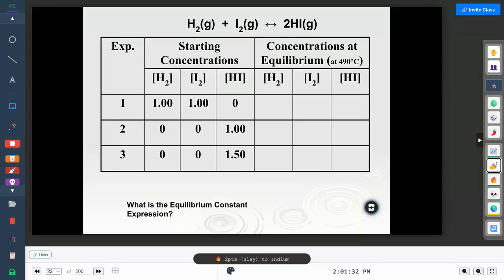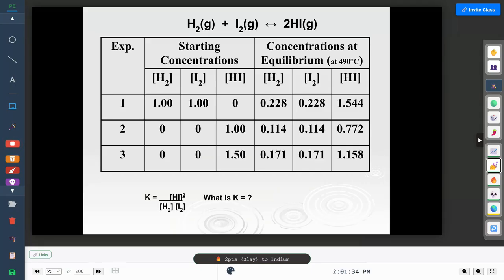So what do we see happening? What we see happening over time is at 490 degrees Celsius, once it hits equilibrium, then we plug in the actual numbers that we get for our experiment. And I want you to take note of something interesting here: our concentrations for our hydrogen and our iodine are equal each time, because of the ratio of the moles, 1 to 1.